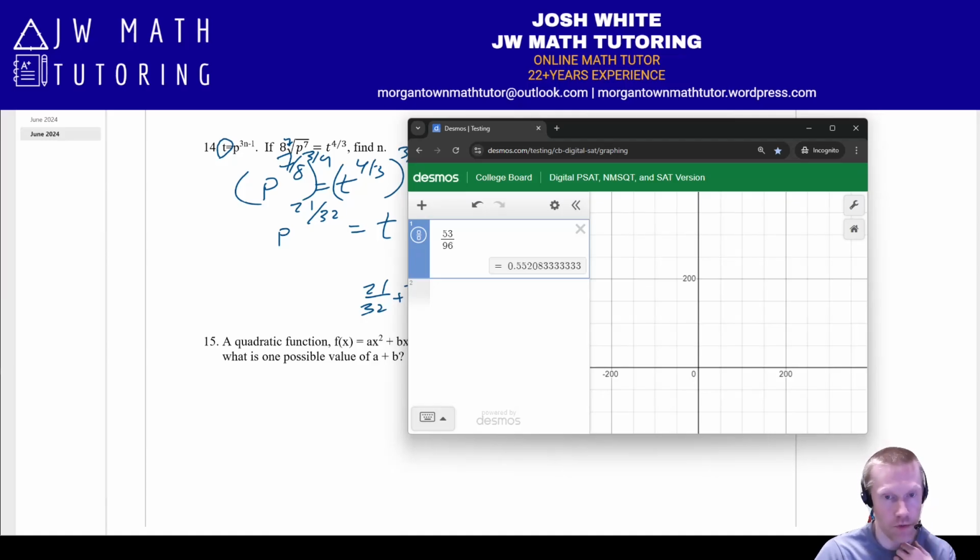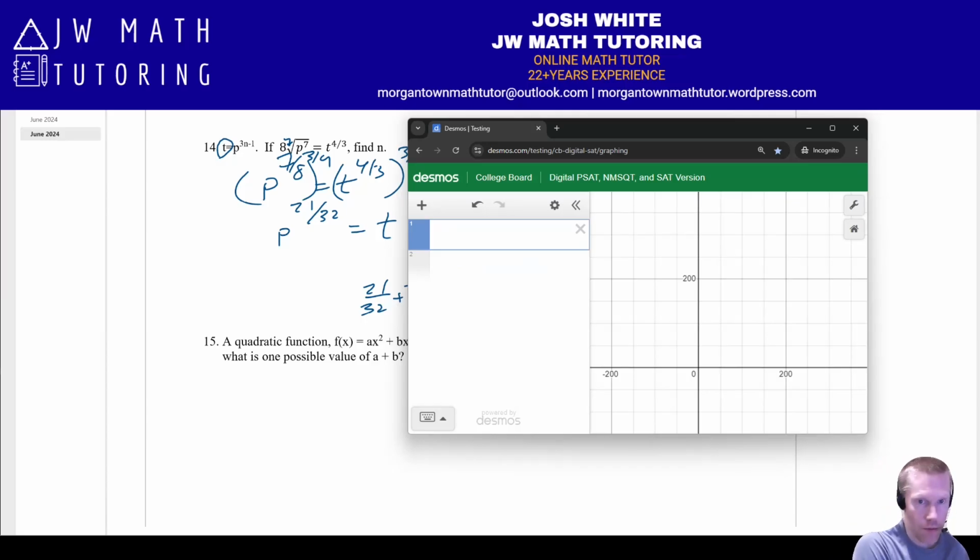You can give the decimal form as well, the equivalent expression. Okay, so what I'm going to do is first let's define n as 53 over 96, okay? Then I'm going to do p to the 3n minus 1.